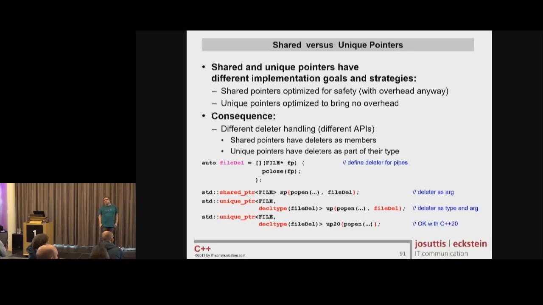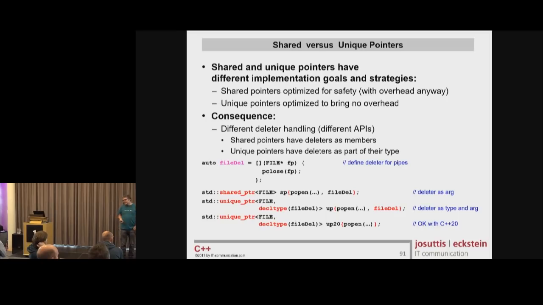And you see the difference in the way you pass a deleter. If you pass your own deleter to a shared pointer, it's enough to pass this deleter in the constructor. So here, again, the pclose, which we pass to the shared pointer despite calling popen.